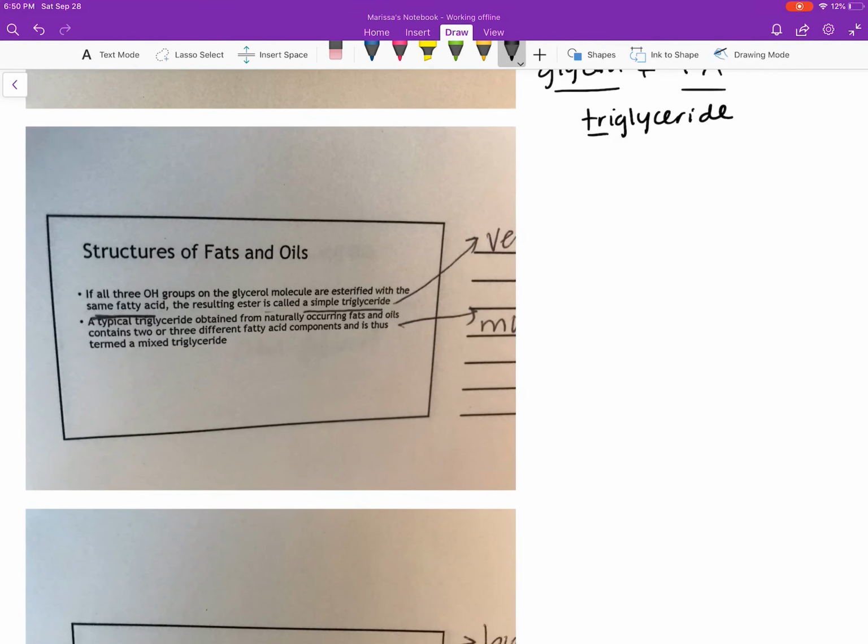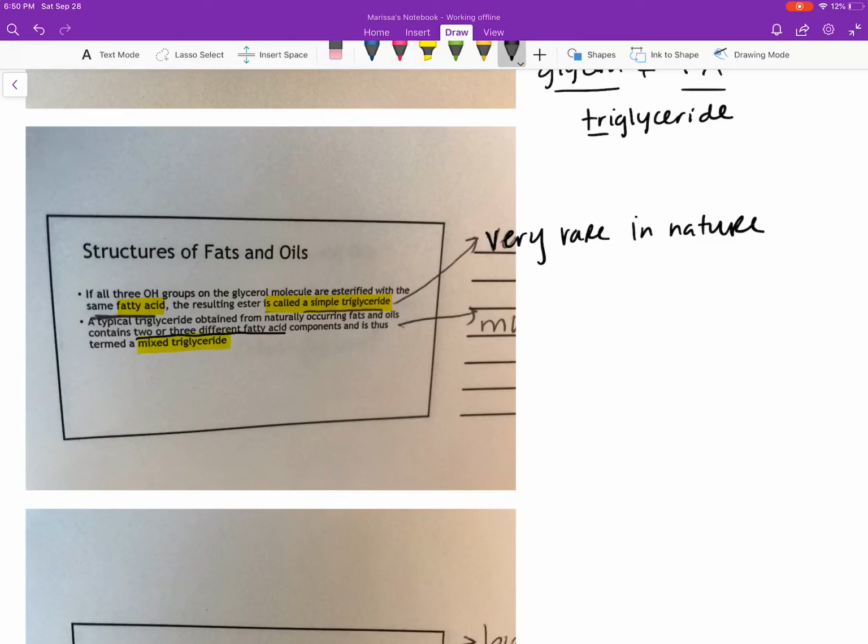So if all 3 of the fatty acids are the same, we call it a simple triglyceride. Except what you can't see, it says right here, is that this is very rare in nature, meaning most of the time our fatty acids are all unique. A typical triglyceride obtained from naturally occurring fats and oil contains 2 or 3 different fatty acid chains, thus we call it a mixed triglyceride.